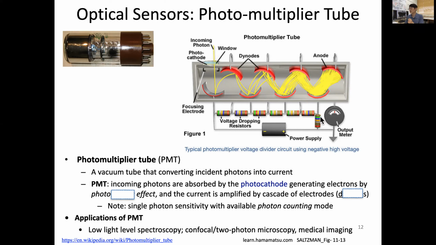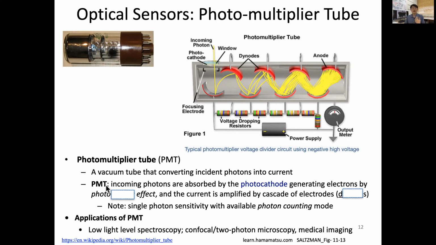To generate this, you need a circuit with a high negative voltage power supply, and then a voltage dividing circuit to provide, let's say, minus 800 volts, minus 700, minus 600, 500, 400, 200, 100, 0 volts. And then you collect those photoelectrons.